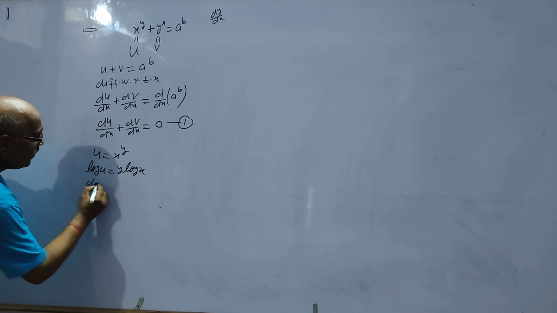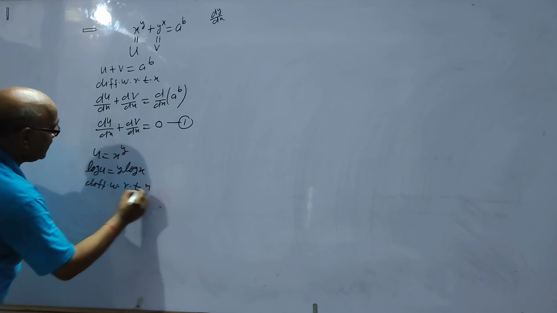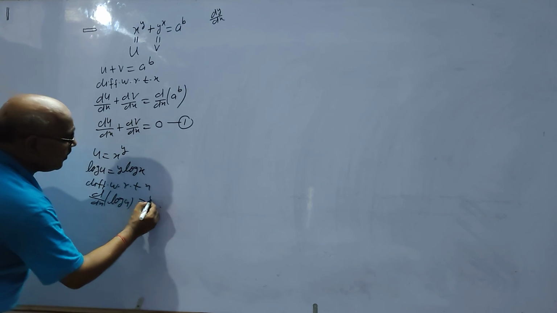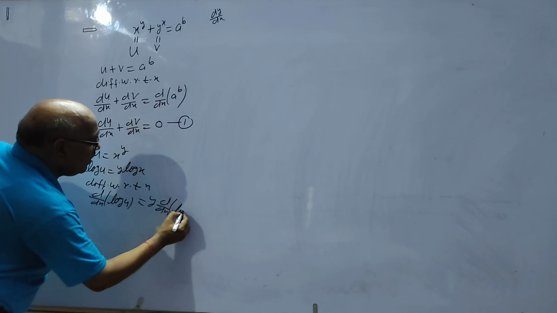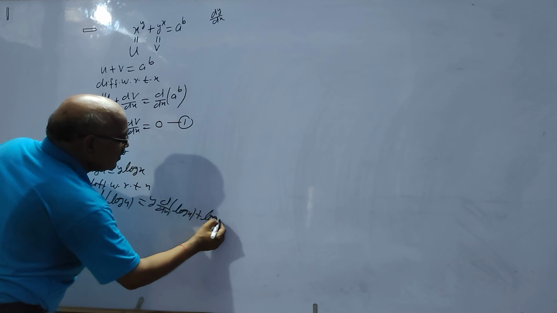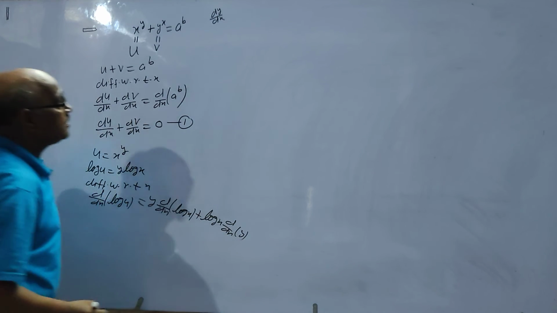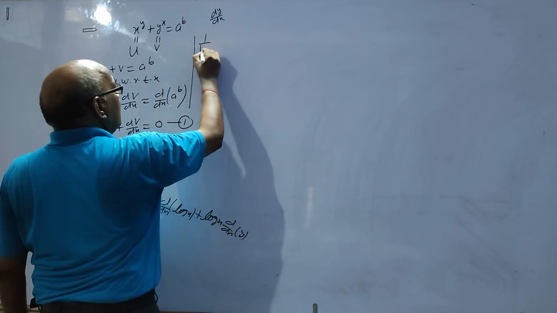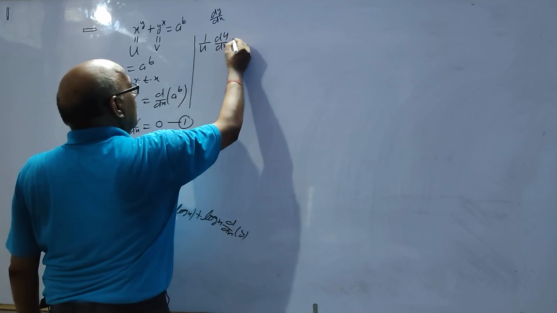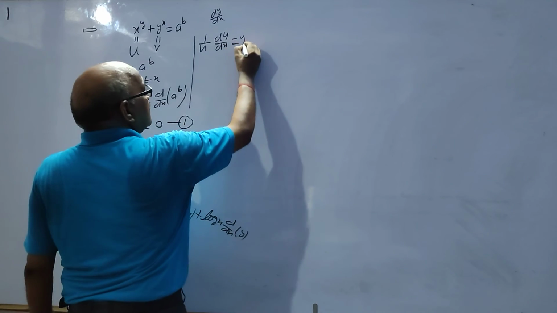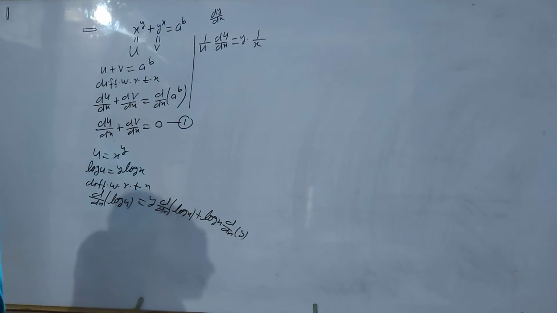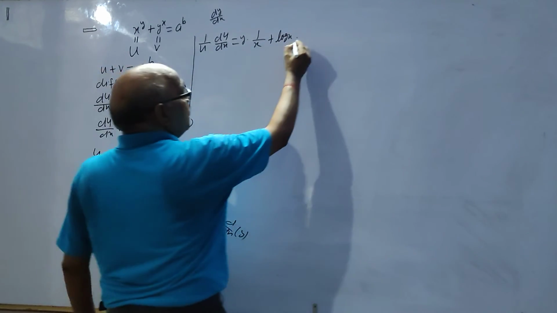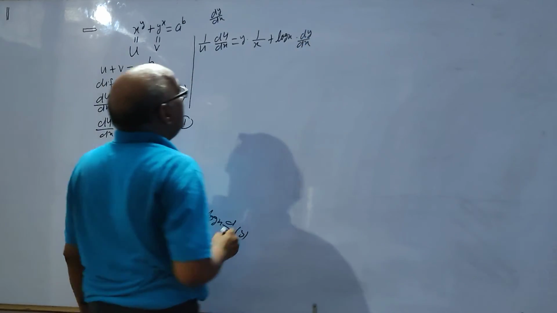Now differentiating with respect to x क्या आएगा, d over dx of log u, it is a product of two functions, y into d over dx of log x plus log x into d over dx of y. इसको सिंप्लीफाई करो, क्या आएगा, log u का differentiation is 1 upon u times du over dx, that is equal to y times 1 upon x, the differentiation of log x, plus log x times the differentiation of y, that is dy over dx.